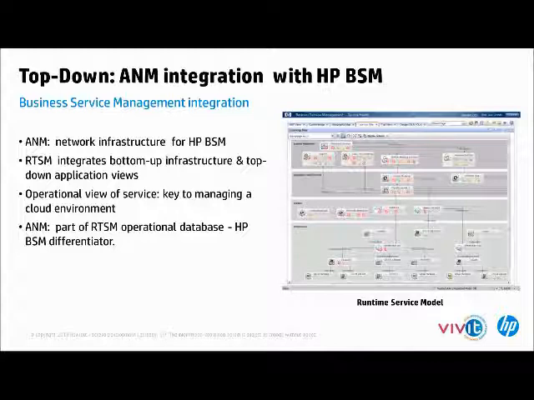So if we had the time here, you can see on the bottom of this graphic is really all of the infrastructure components and health and availability that NNMI is reporting into this business service model here.